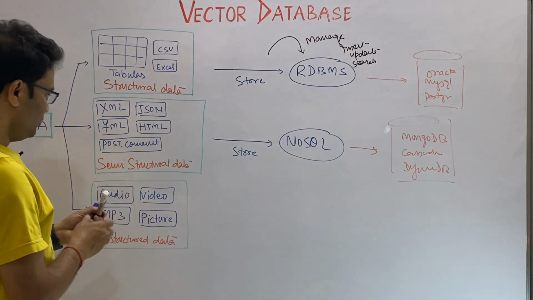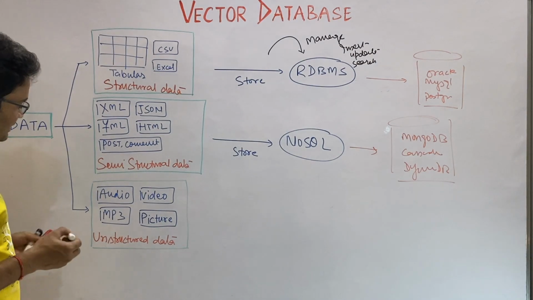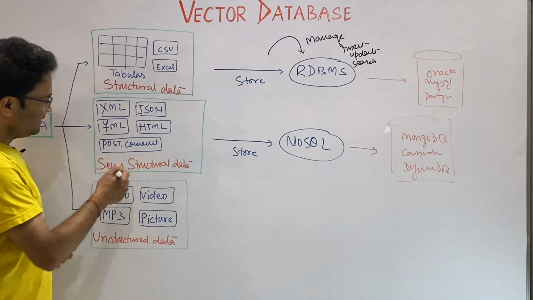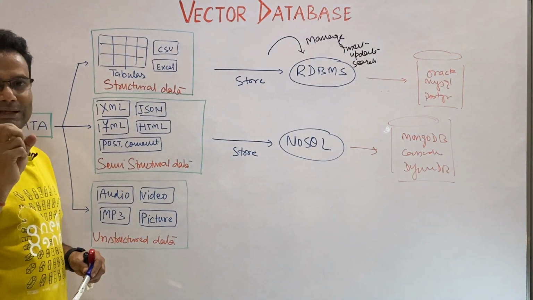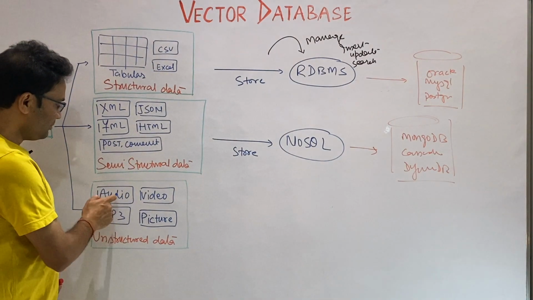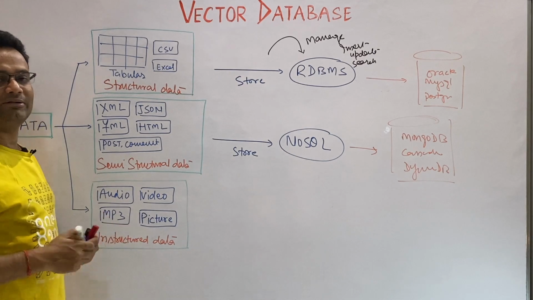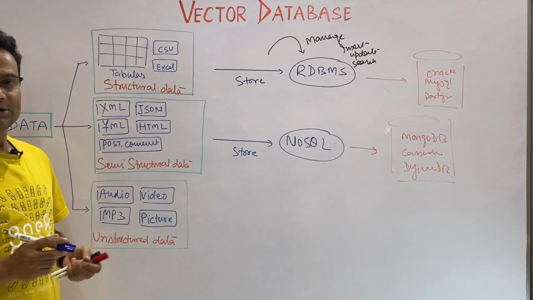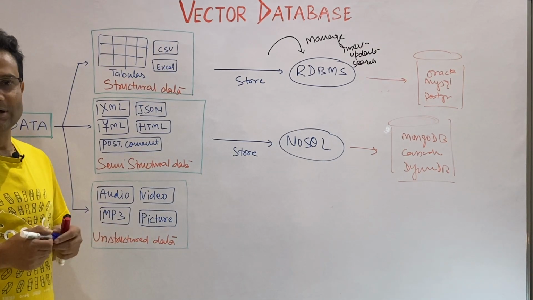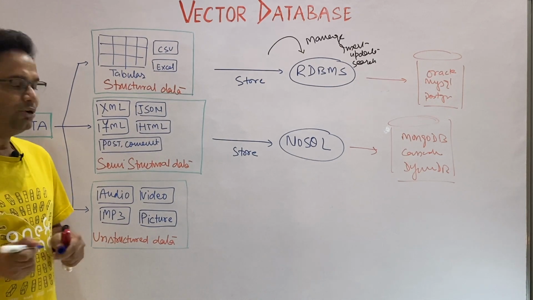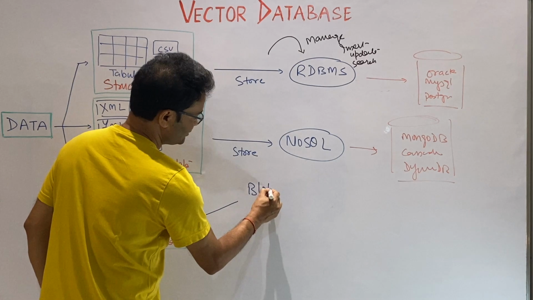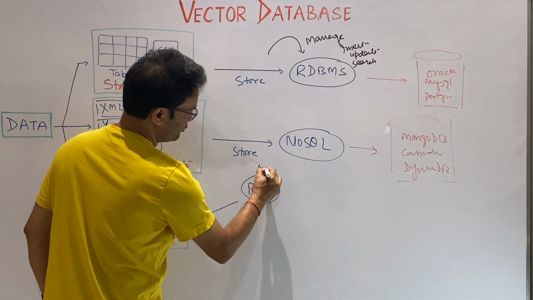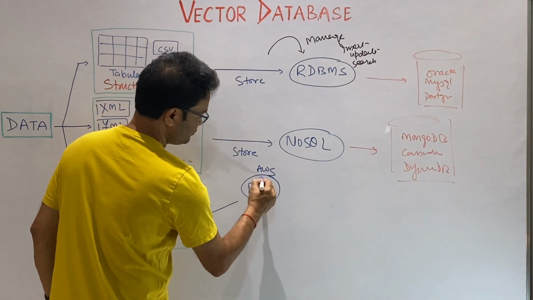Now, when you talk about unstructured data, the difference is that the earlier data has text and numbers. But audio, video, pictures, MP3, PDF don't have text or numbers. So where will you store them? You can say we can store them in blob storage, like AWS blob or Azure blob.